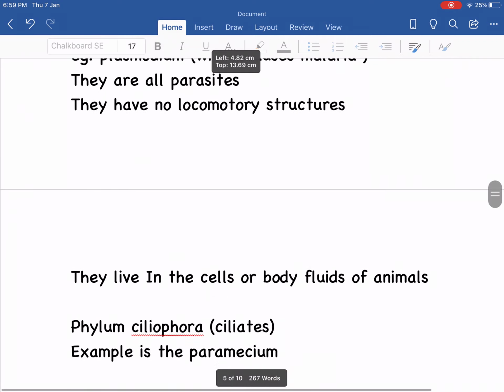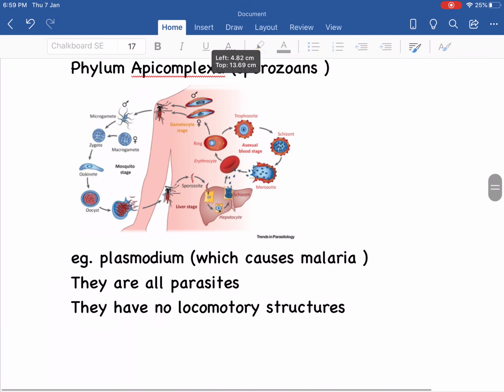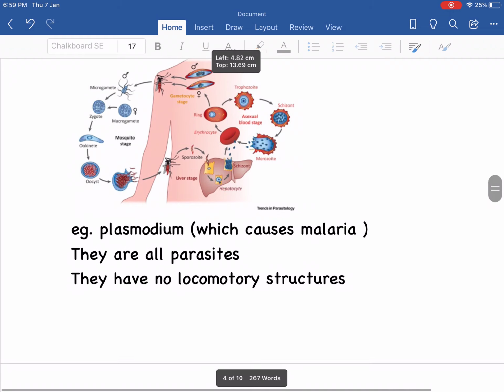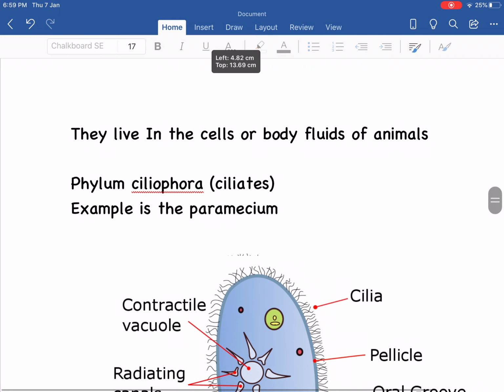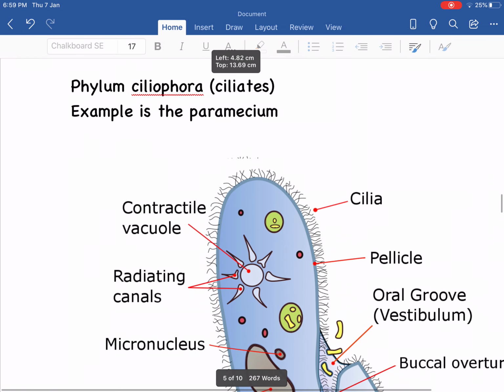So they live in the cells of the organisms that they are causing harm to. Parasites feed and as a result cause harm to the host organism they are feeding on. So they live in the cells or body fluids of other organisms.